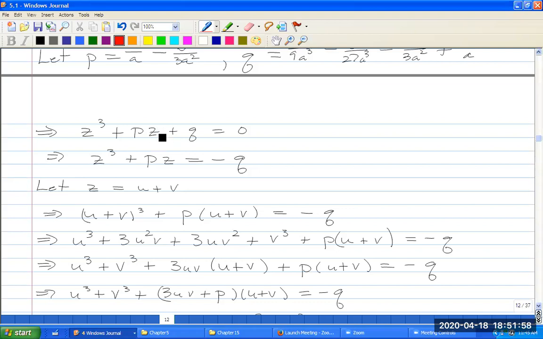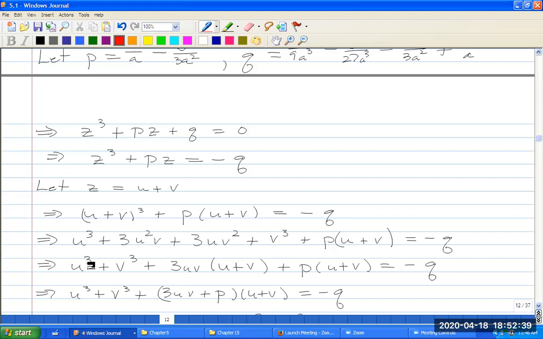So z cubed plus pz is minus q, just bringing the q to the other side of my equation. Now let's try to solve this and derive the formula. So let z equal u plus v. Again, by the special product formula, it's u cubed plus 3u squared v plus 3uv squared plus v cubed.